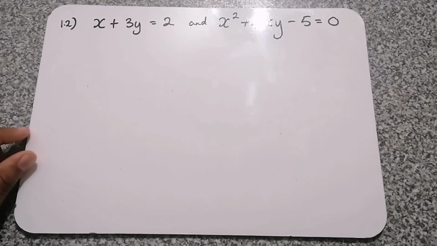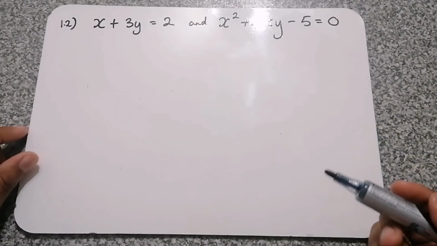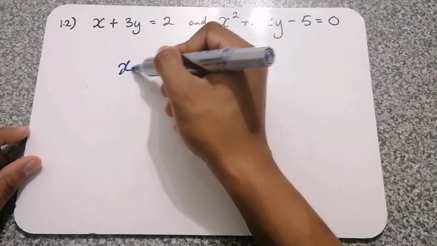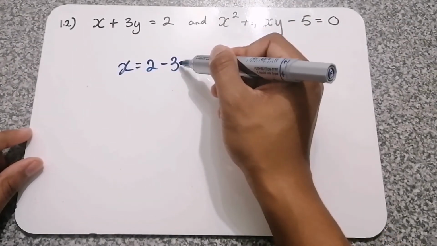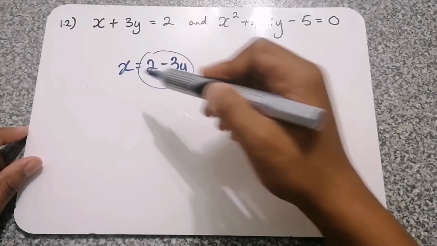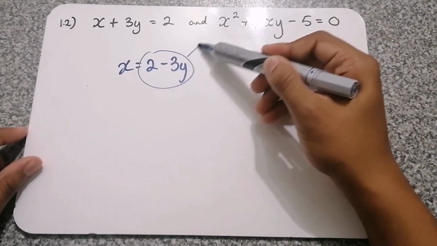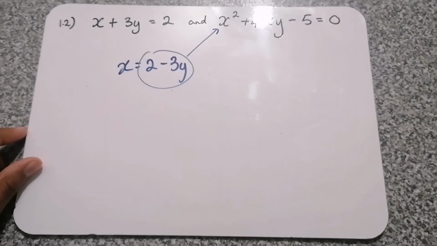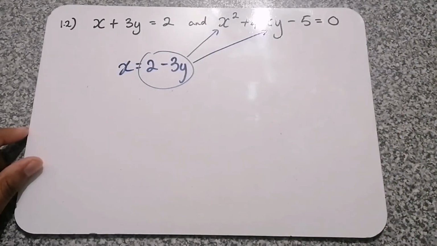Let's start by using this equation and making x the subject of the formula. Now to do that, I can simply take the 3y across and x is equal to 2 minus 3y. Now this answer for x, the 2 minus 3y, I'm going to substitute with the x in this equation. But not only there, also in this position where there's another x.